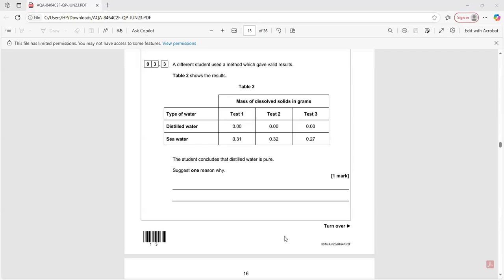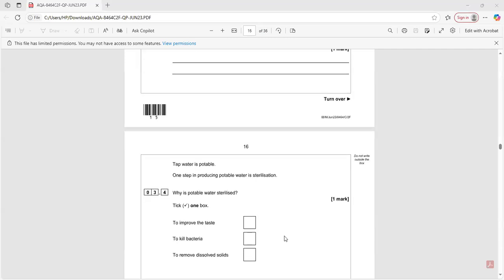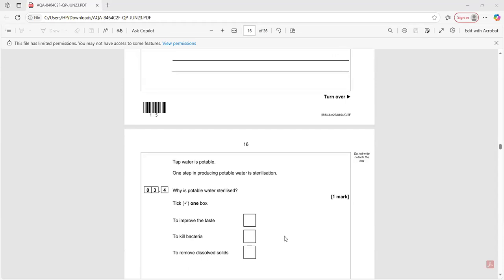No dissolved solids in distilled water. Okay, so that's it, because of the 0 mass of dissolved solids. All right.